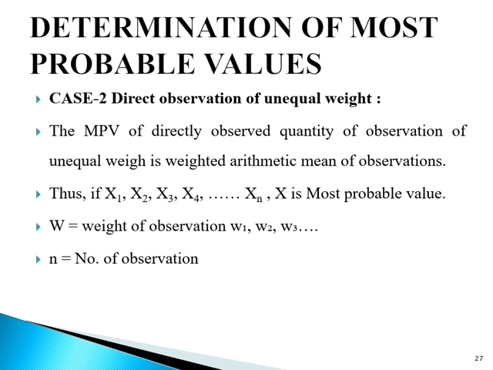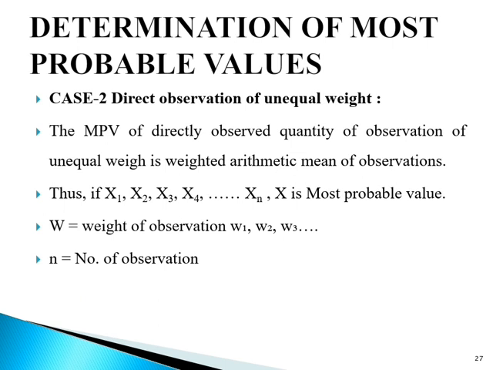Next, let's see case 2, which is direct observation of unequal weight. The most probable value of a directly observed quantity of observations of unequal weights is the weighted arithmetic mean of the observations.